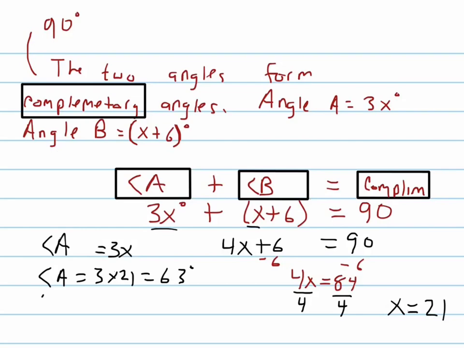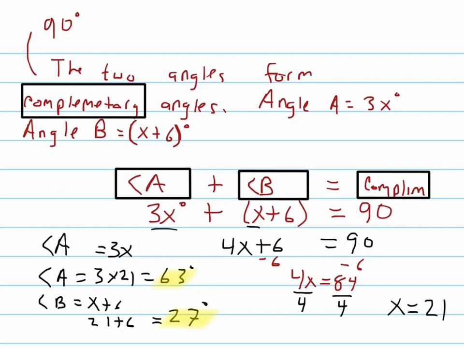And angle B equals x plus 6, which is 21 plus 6, which equals 27 degrees. And 63 plus 27 equals 90. Alright, so my final answers are here.